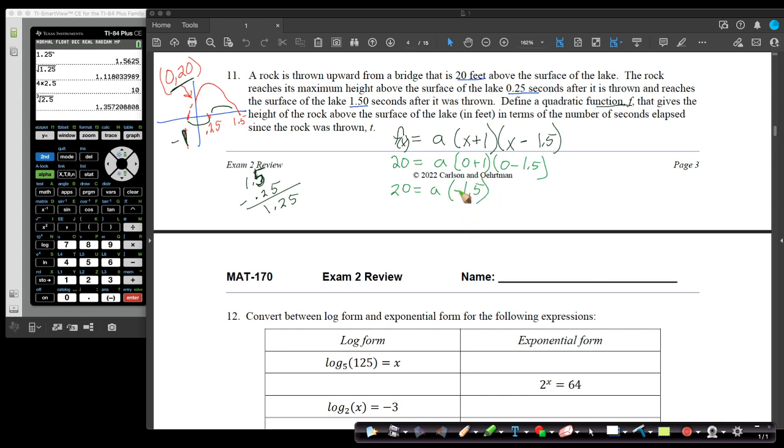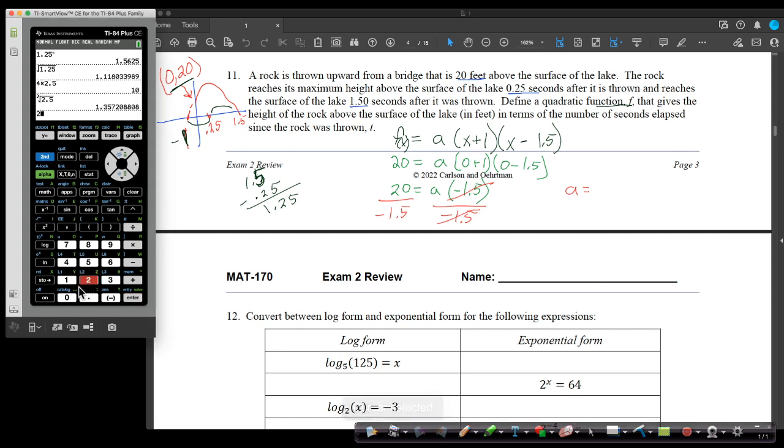So we divide both sides by negative 1.5. That cancels, and we get that a equals... I could kind of guess, but why don't we just plug it in and see what we end up with.